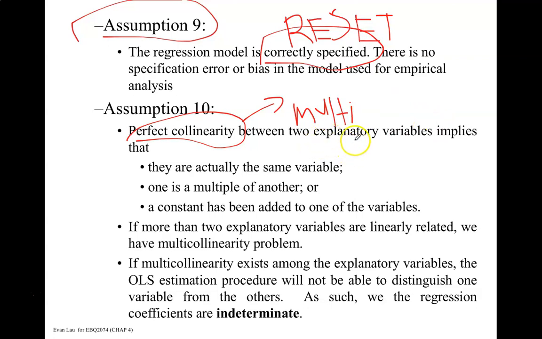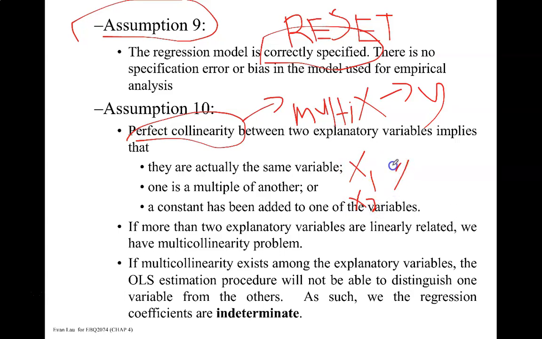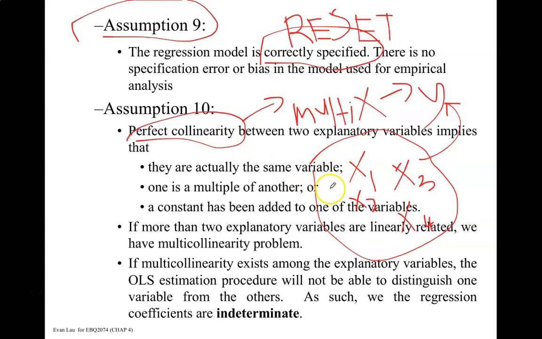The whole idea here is very important, very interesting. X is supposed to explain Y, right? If you have more than one X, maybe X1, X2, X3, X4, these four variables are supposedly explaining Y. But perfect collinearity or multicollinearity exists when, rather than the X's explaining Y, the X explains the X itself.